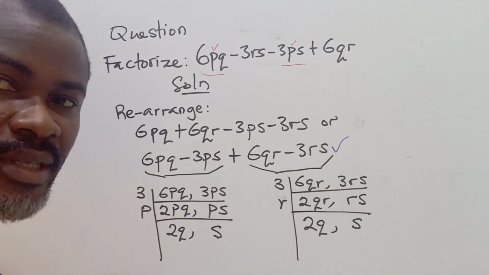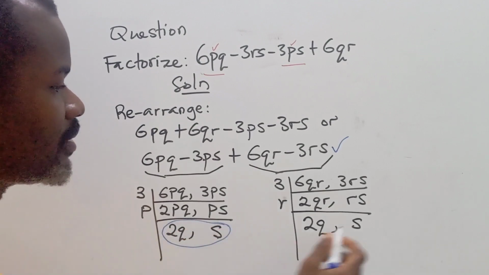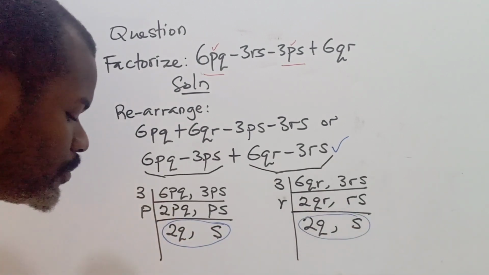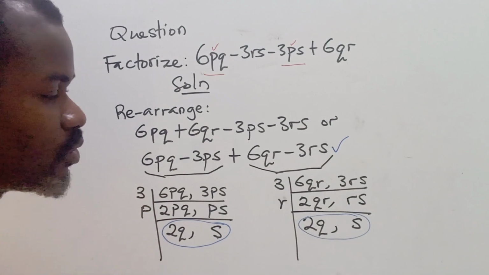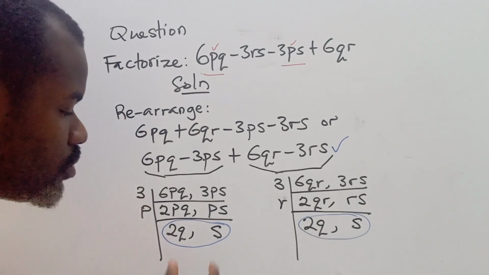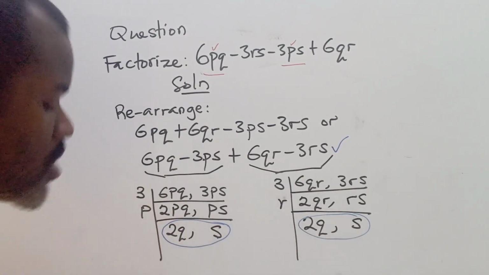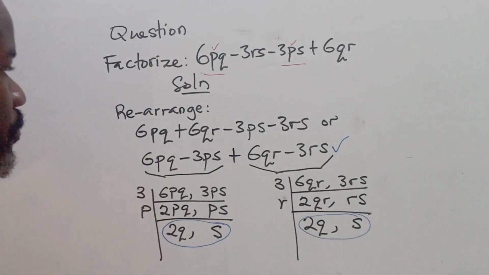One thing you can observe is we have 2Q and S here, and 2Q and S here. So by the time we factorize, in our brackets we are going to see 2Q and S, 2Q and S. Alright, let's proceed.